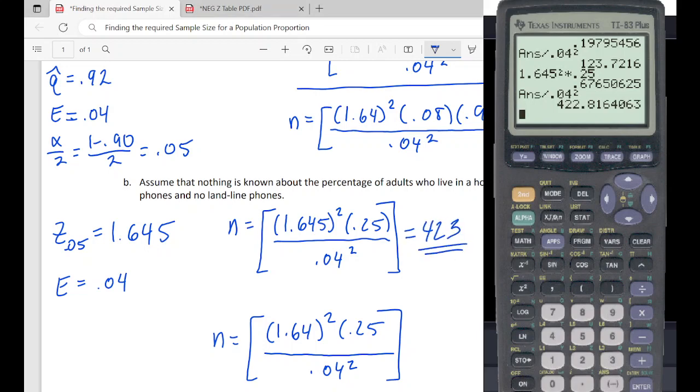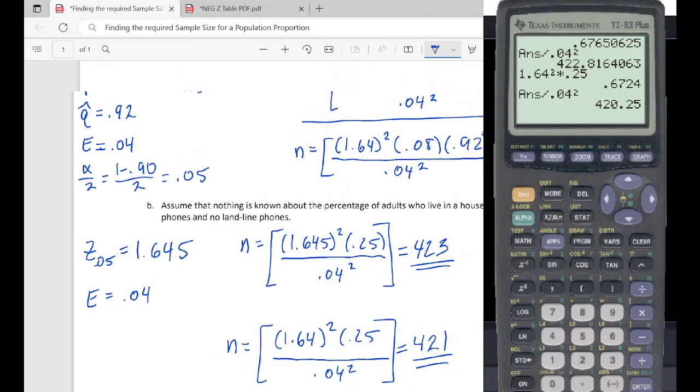Then we're going to do it again for the other one. 1.64 squared times 0.25 divided by 0.04 squared, and we get 420.25, which rounds up to 421.